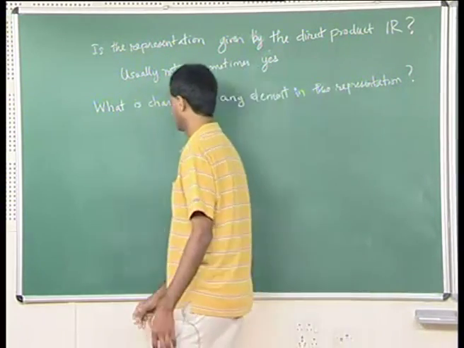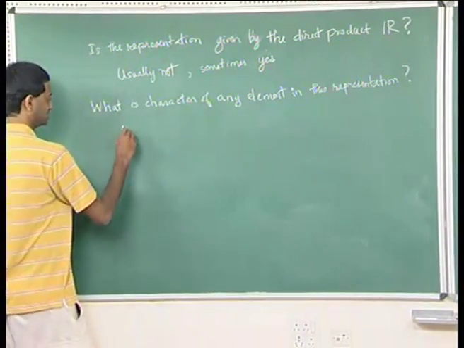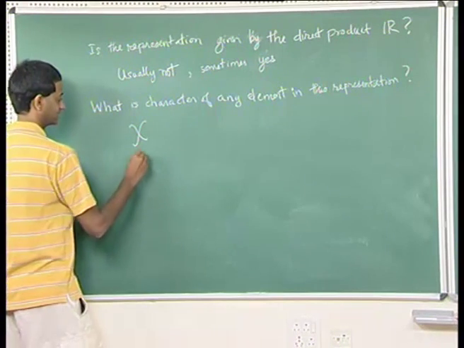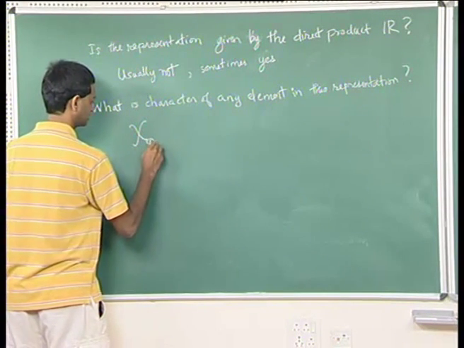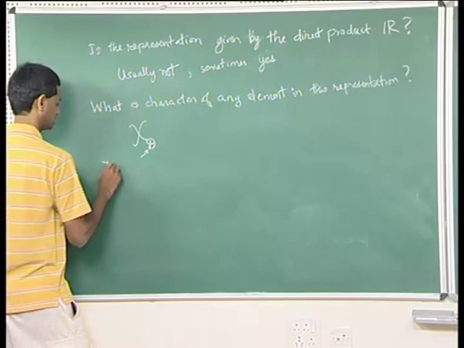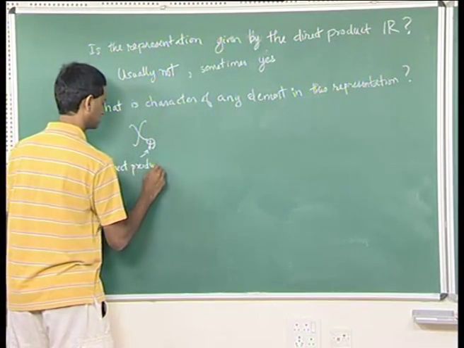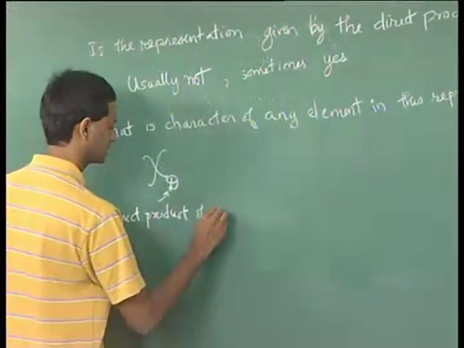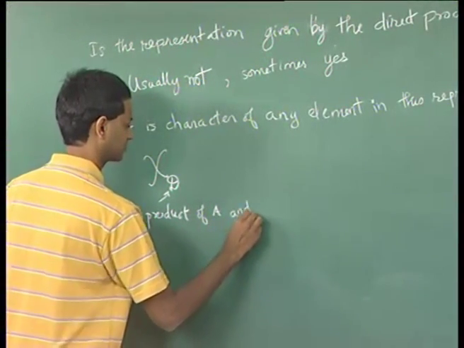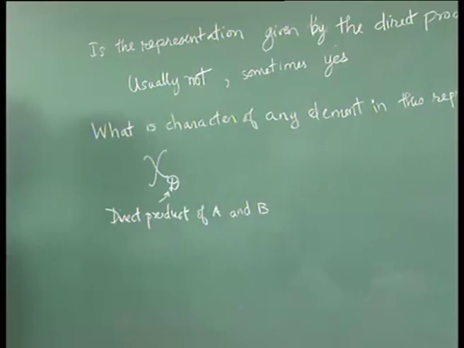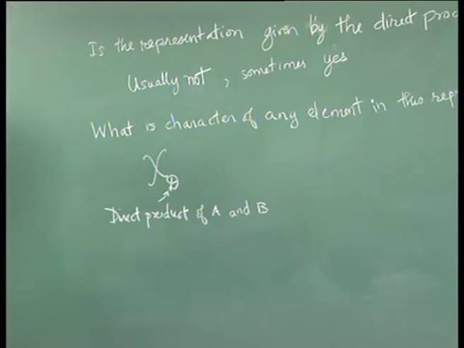So I'll write it this way. The chi in the direct product of A and B. You have two representations A and B, and this is a direct product representation.